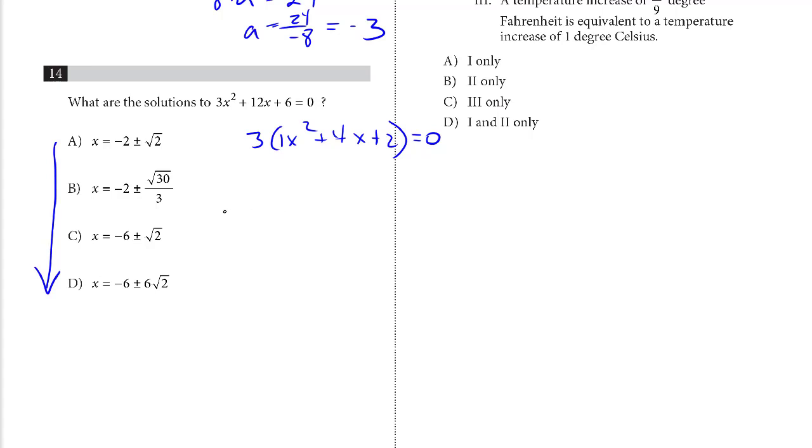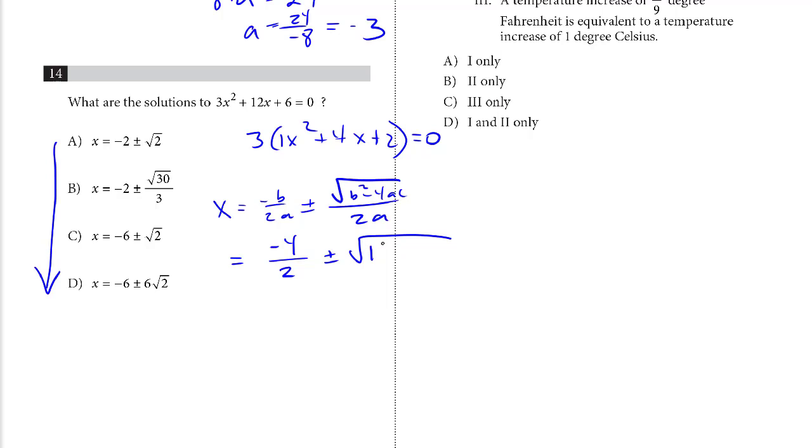So what I can do is immediately go to my quadratic formula. x equals minus b over 2a plus or minus, and I'll write them as separate terms, the square root of b squared minus 4ac over 2a, and that works out to minus 4 over 2 times 1 plus or minus the square root of 4 squared, which is 16, minus 4 times 1 times 2, all over 2a, which again is 2.